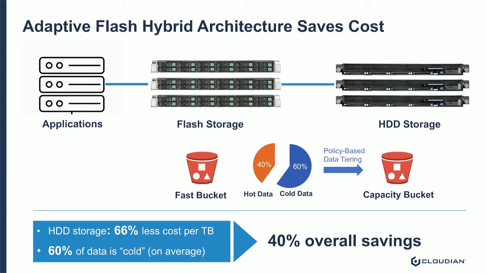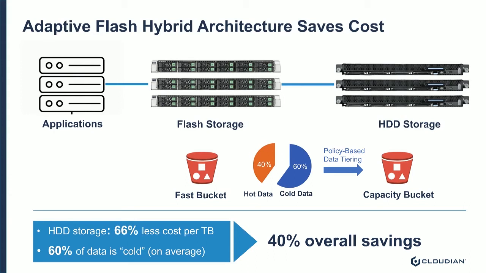So when applications are writing, you want the ability to use the flash bucket for performance, but when that data becomes cold, tier that data dynamically into the capacity bucket through policy so that you can maximize the capacity and the space, and use those storage systems to hold that data and let the flash storage be there for performance data, and then bring it back if that data becomes hot again.